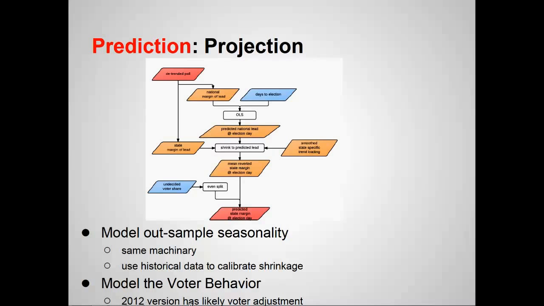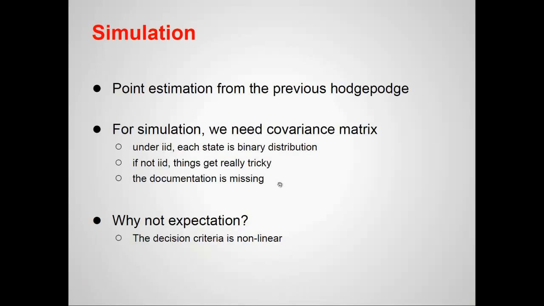In the 2012 version, he also has a likely voter adjustment, but here we just don't know enough about what he did. So the last step is we want to do a simulation. We get point estimates from the previous hodgepodge, but to do a simulation, we also need the covariance matrix.